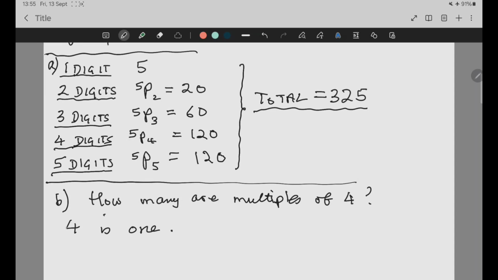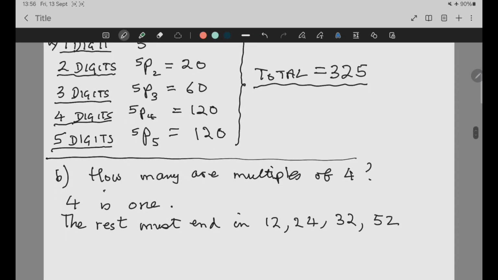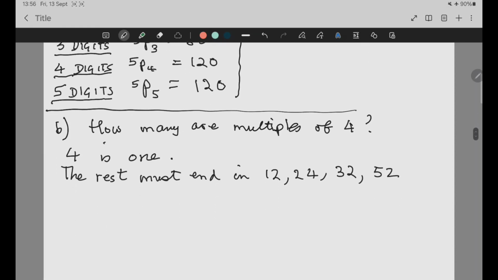The rest of the multiples of 4 must end in 12, 24, 32, and 52. And we need to proceed from there.